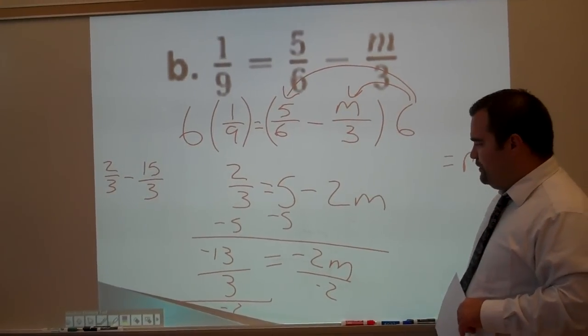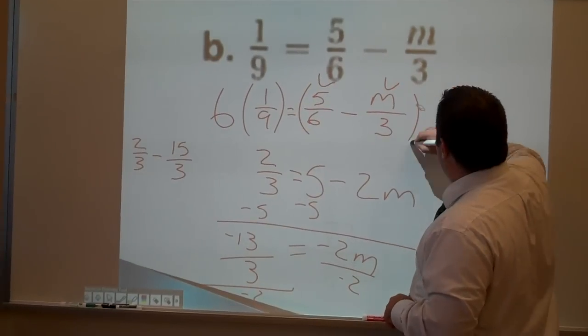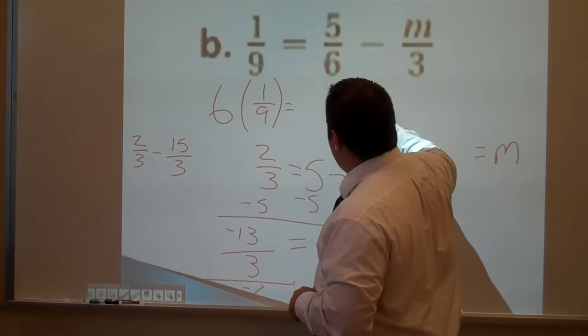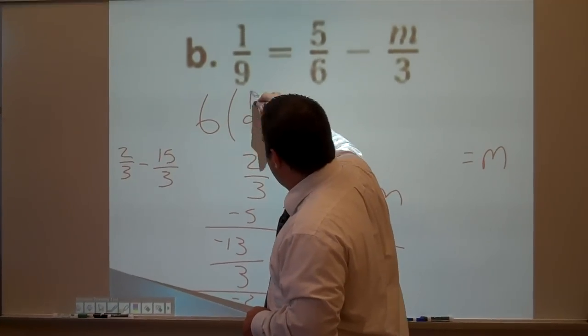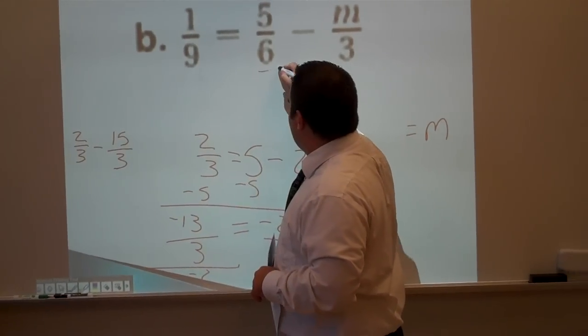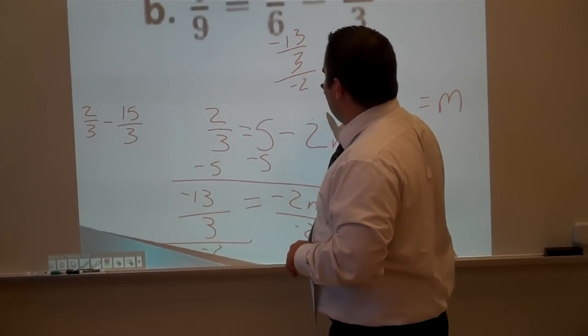Oh boy. I'm going to have to clear this. Let me get rid of some, because I need some space to remember how we do a problem like that. Negative 13 over 3 divided by negative 2.